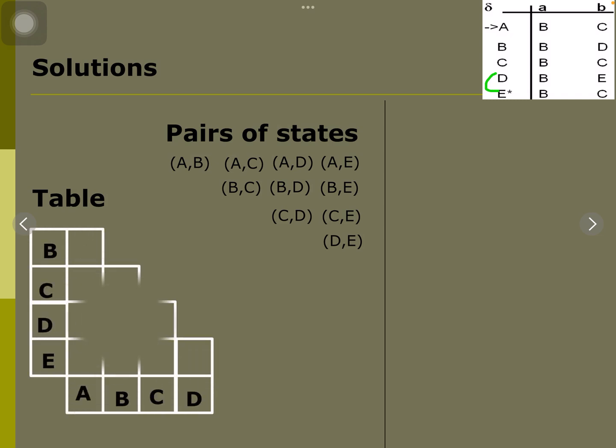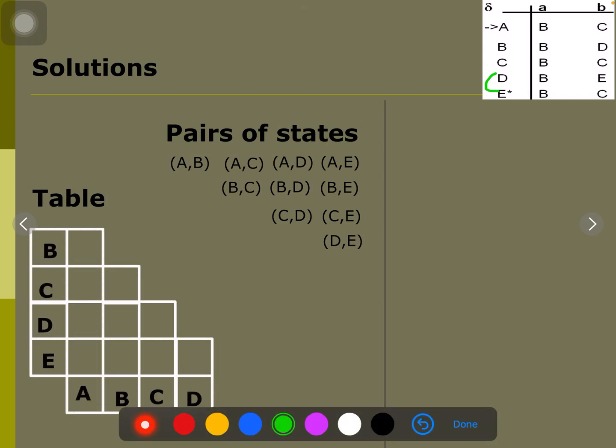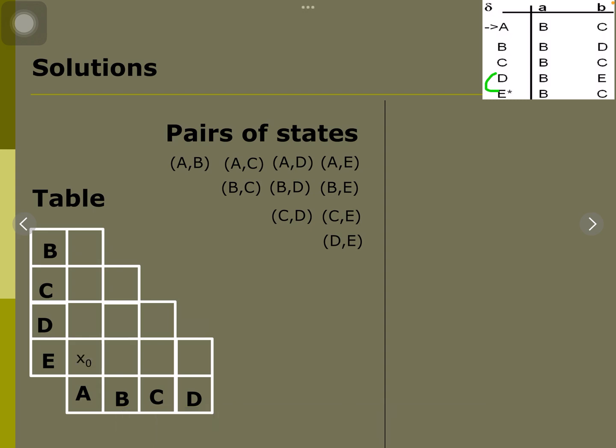Look at this table, it is very easy. Vertically you take B, C, D, E, don't take A. Horizontally you take A till D. So now I'll follow the rule.